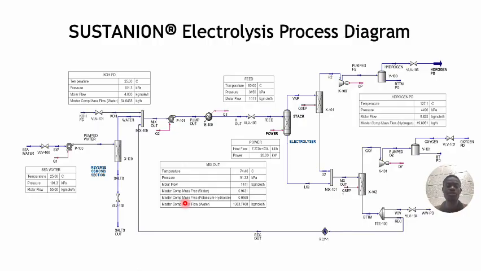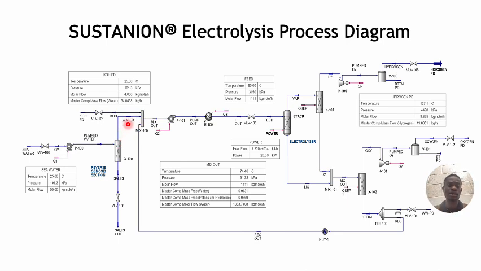Here we can see the process flow diagram for the entire electrolytic process. We start with an input of seawater coming in at about 1 ton per hour. It goes into the reverse osmosis section, which separates excess salts from the water.